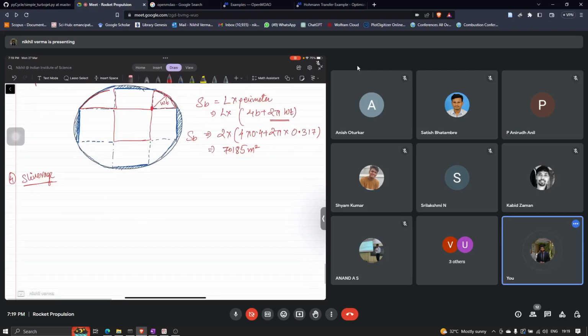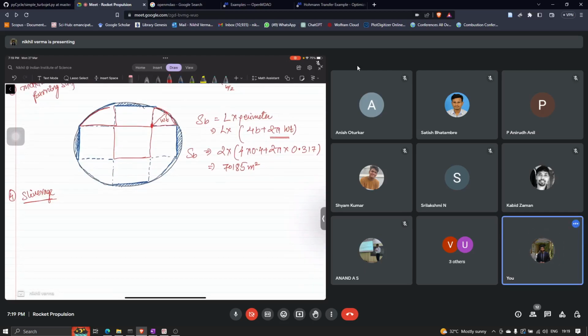Okay, anyways, so now you have to calculate sliverage. This will be equal to the mass of these four blocks, right? So let us first calculate the area of this white surface.